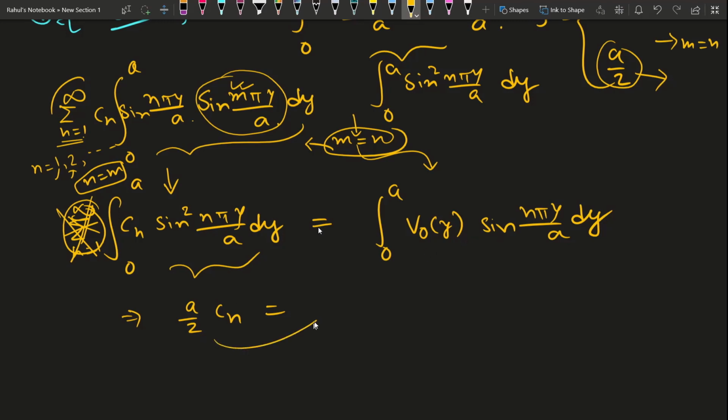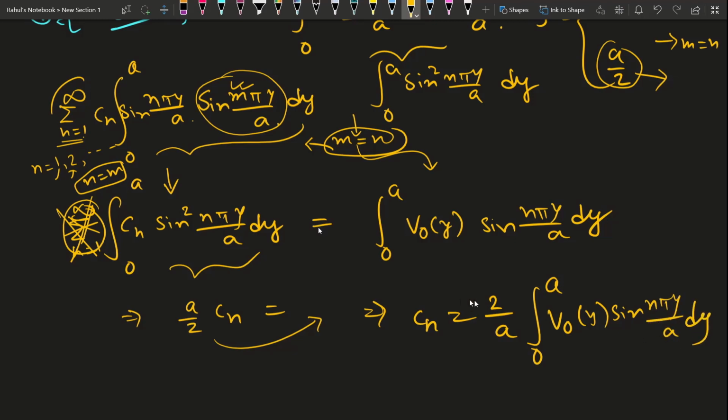If we take this to the other side, then Cn becomes 2 over a, integral 0 to a of v naught of y sine n pi y over a dy.